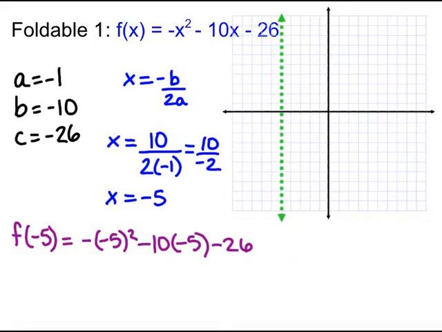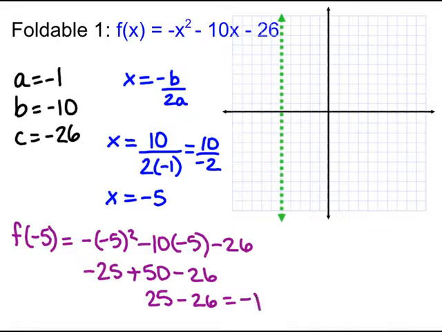Negative 5 squared is 25, but the negative on the outside assigns a negative back to it, so it's negative 25. Negative 10 times negative 5 is a positive 50, which basically gives us 25. Minus 26 more is going to be negative 1. So f of negative 5 is negative 1. So here is my vertex.